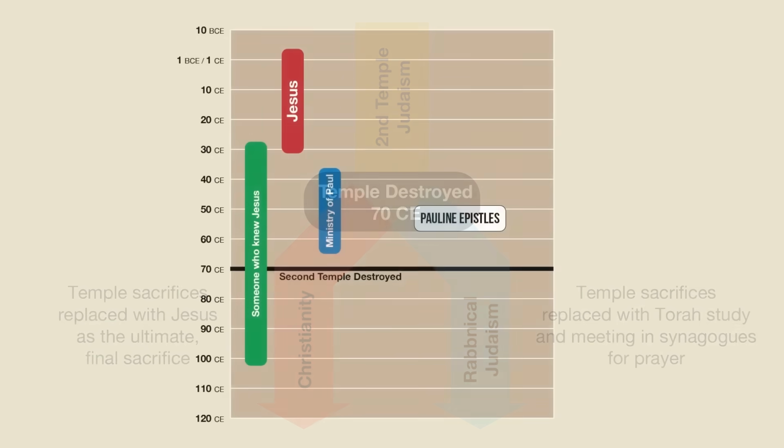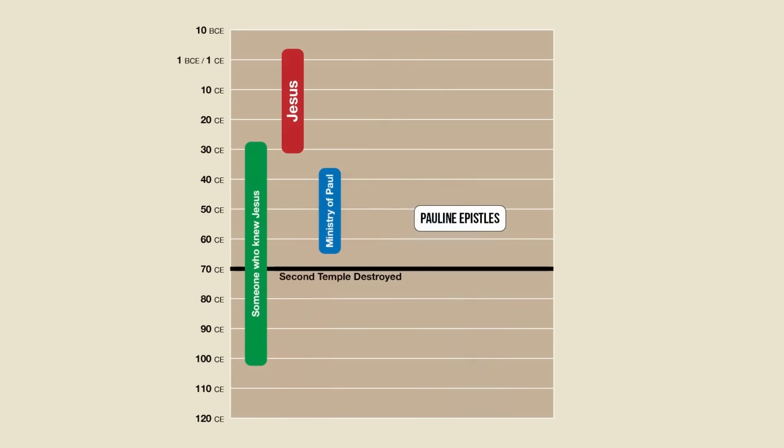All three of the Synoptic Gospels reference the destruction of the temple. Unless one interprets these as being real prophecies, which many Christians do, this means that the earliest date for any of the Synoptic Gospels is 70 CE.